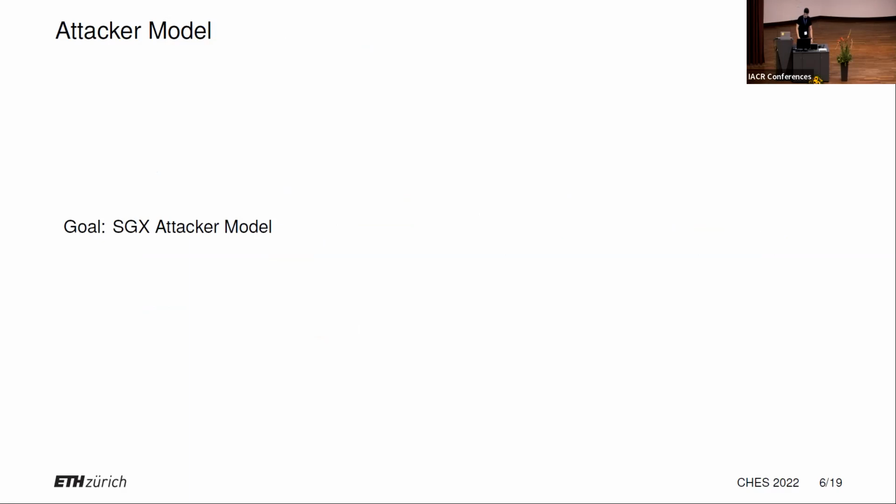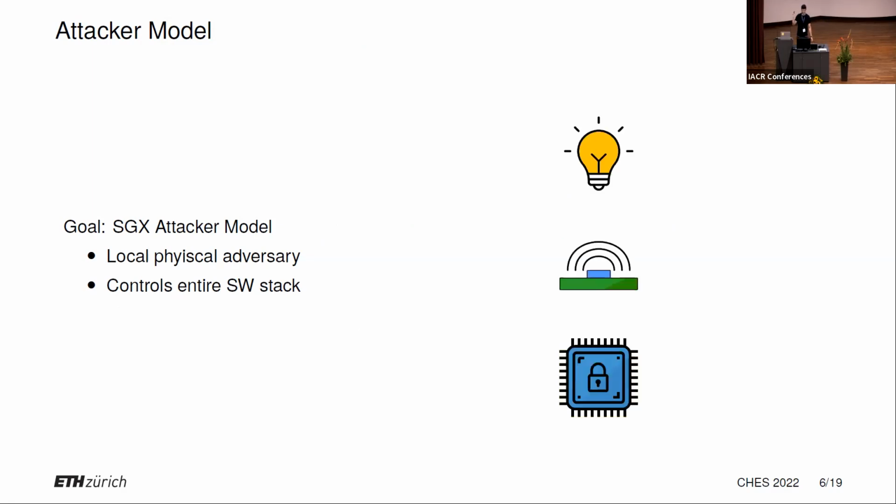Now, one thing you have to think of if you build a system like this is that the original attacker model for many of these trusted computing proposals is very strong. For example, SGX is one of the most prominent ones. We have local physical adversaries. The entire software stack is considered malicious. The main issue with this attacker model, which we would like to have, is that if you look at sensors, a local physical adversary is a bit useless.